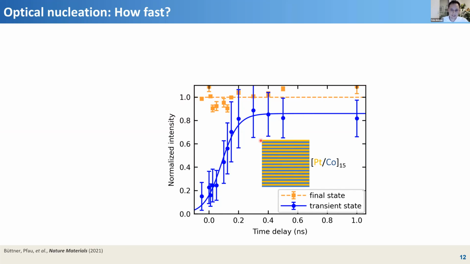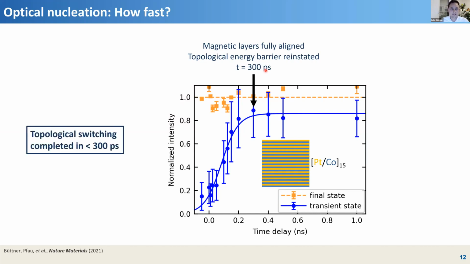And we can observe this from the total scattered intensity when it approaches the final value. This is happening after 300 picoseconds in our experiment. After 300 picoseconds, we get full scattering. Full scattering means that all the layers have coupled again, that there's a uniform magnetization across all the layers. And so we can conclude that the topological switching has completed in 300 picoseconds or less.